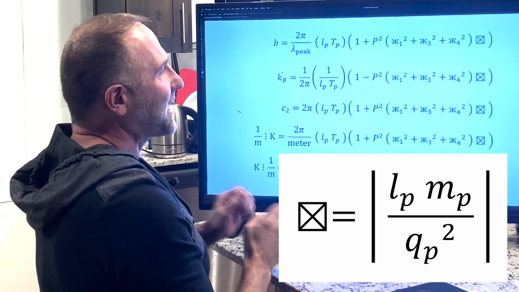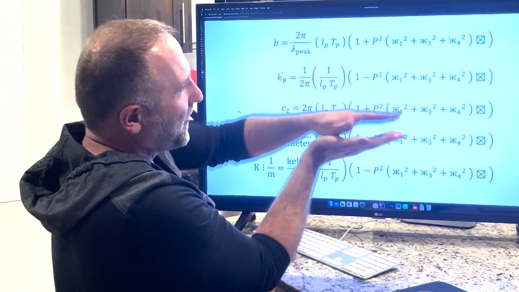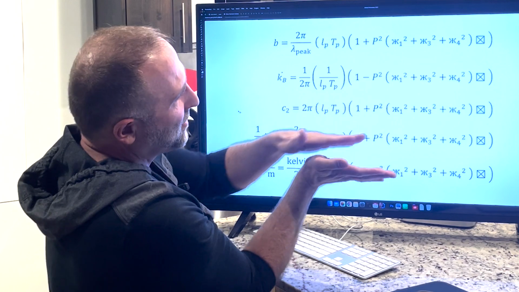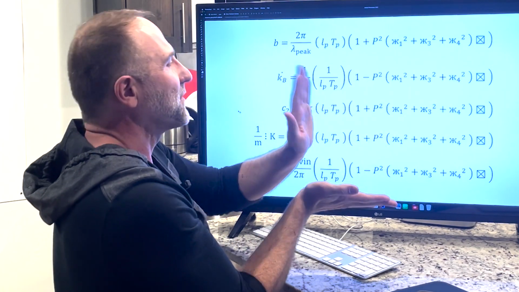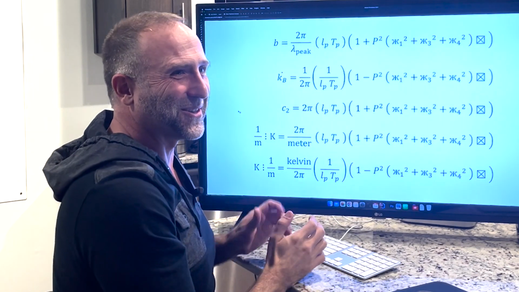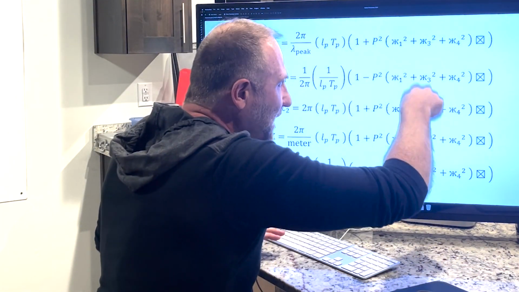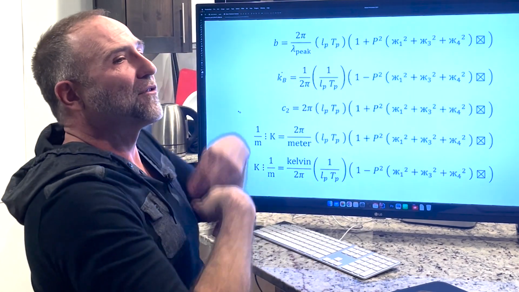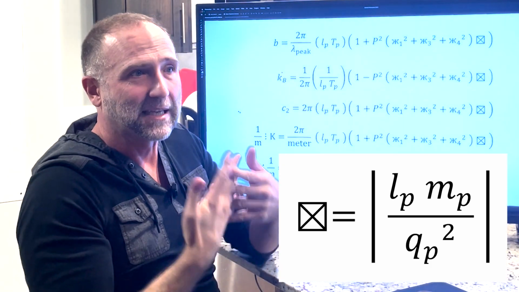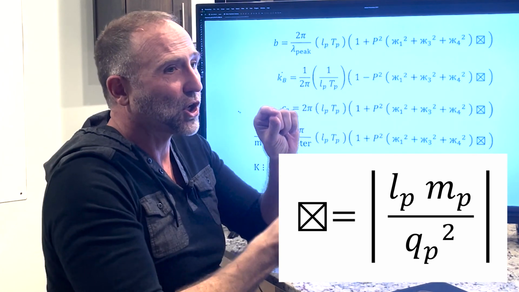On that scale, when we zoom in, the cone-on-cone is exactly 90 degrees, or if you look from the x-axis and y-axis, 45 degrees. It looks just like that on that scale, so that's a really good symbol for it. In each case, this box with the x going through it represents the inversion boundary of our hyperbolic system, and it's equal to the Planck length times the Planck mass divided by the Planck charge squared.